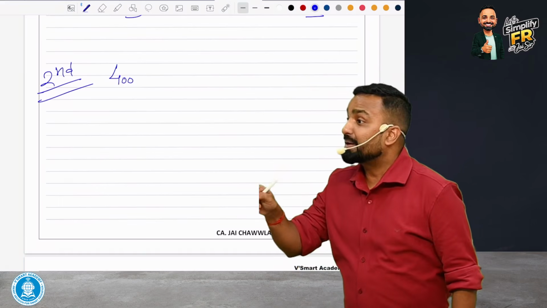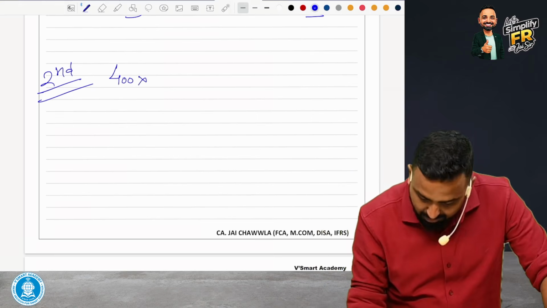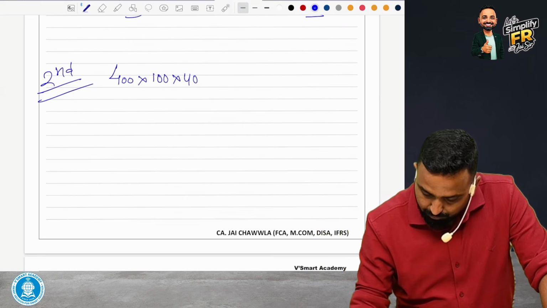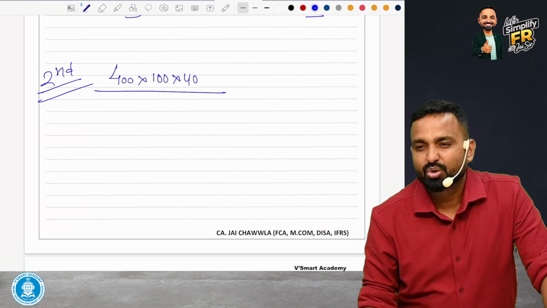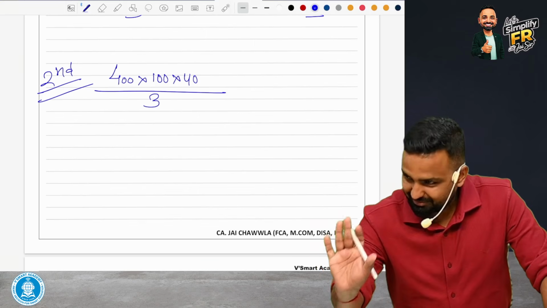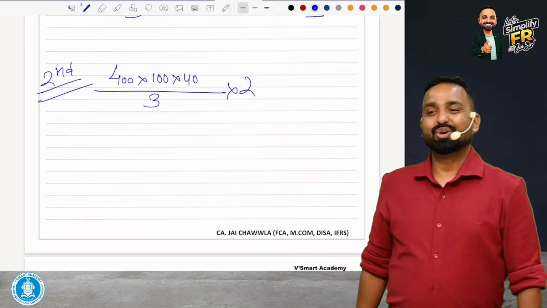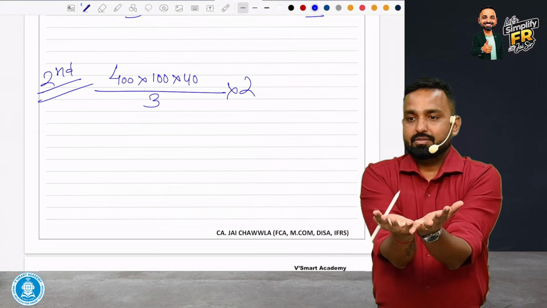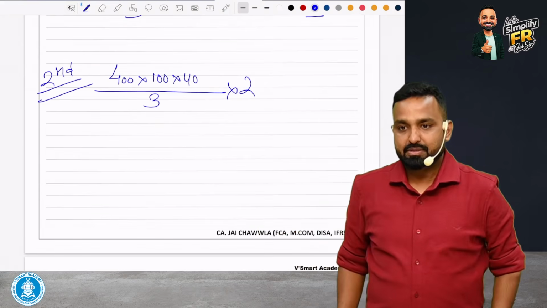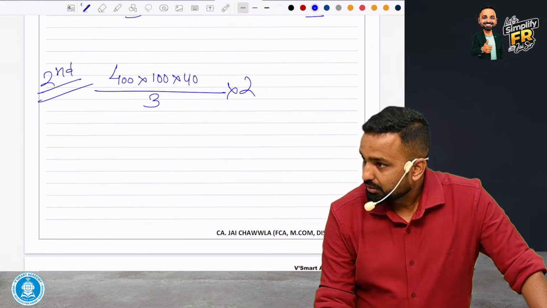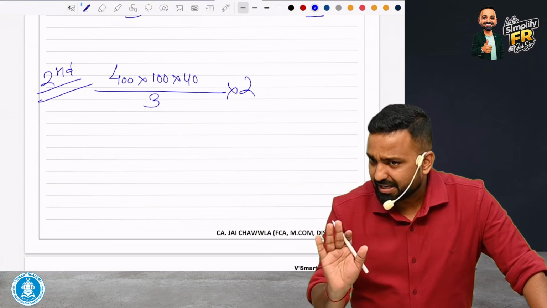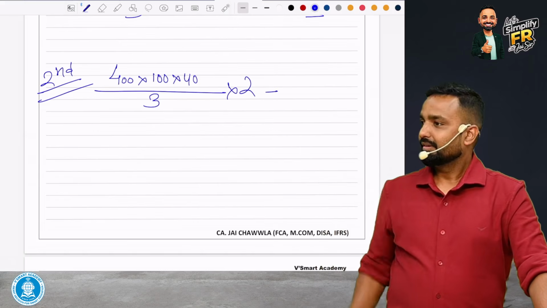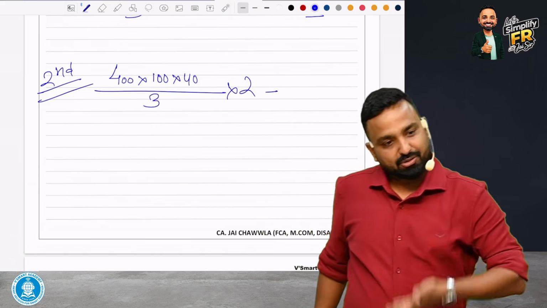Book the expense as per estimated, multiplied, divided by not 2, still 3, into 2. Why into 2? Cumulative 2-year expense. Complete the formula first: into 2, minus earlier expense. I will get the current year expense.